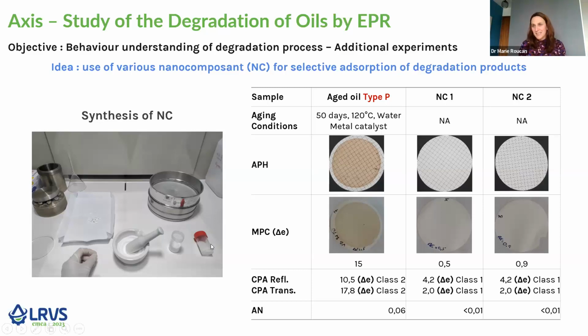So you can see here that we synthesized the nanocomposites ourselves, and we synthesized 2 of them. As you can see here, you have the aged oil. You can see that the APH and the MPC are pretty, well, not that dark, but still dirty after the aging.